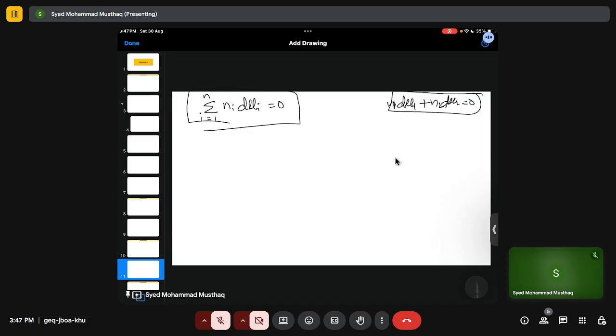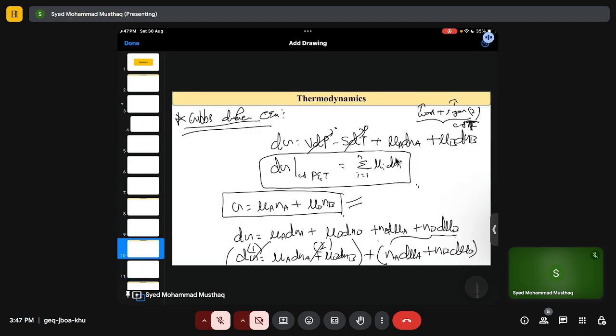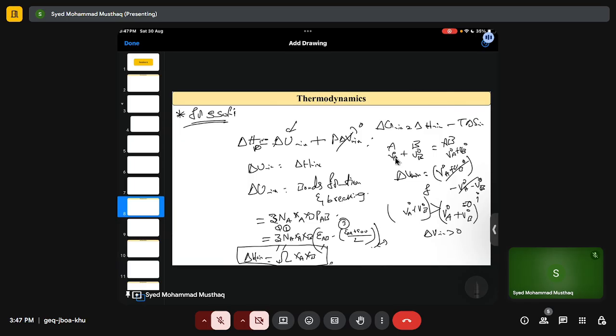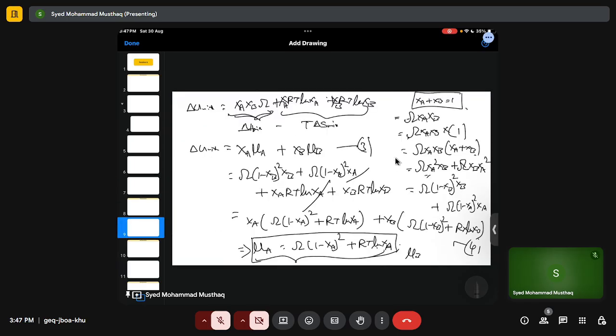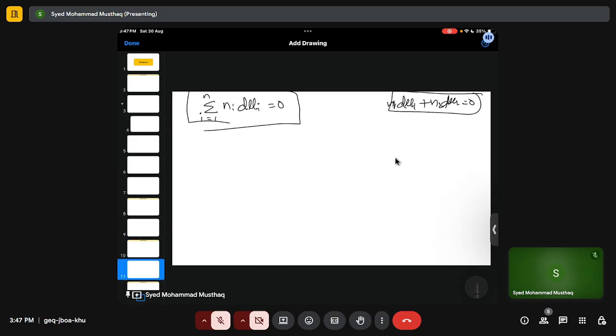Now you might ask, sir, what do we get from this? At first, that's why I was doing all these equations, to make sure you understand why I am deriving all these equations in terms of chemical potential. See, you have the chemical potential here. Now I will write the chemical potential term here. So chemical potential of A is equal to, at first I have omega times 1 minus XA whole square plus RT log XA.